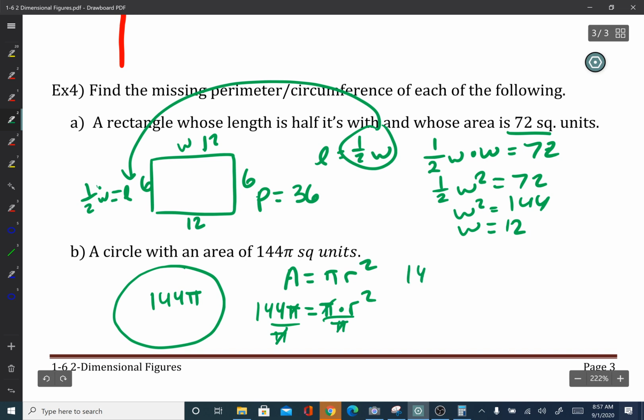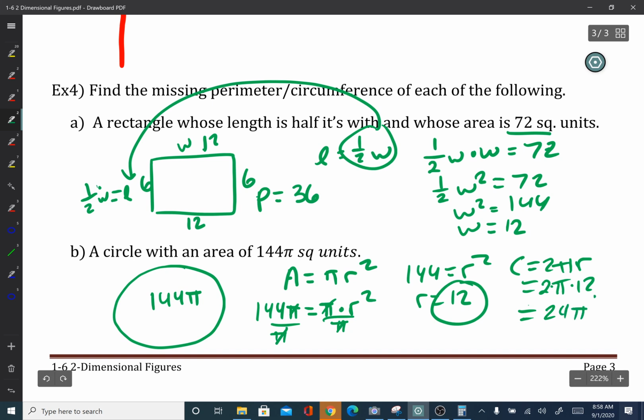And I'm left with 144 equals r squared, so r is 12. That's it. Oh, that's the radius. Now we need to find the circumference, right? The circumference is 2 pi r, so the circumference is 2 times pi times 12, so we get 24 pi.